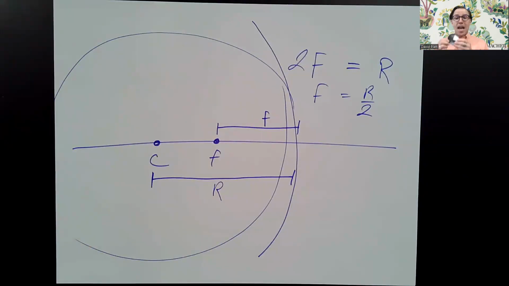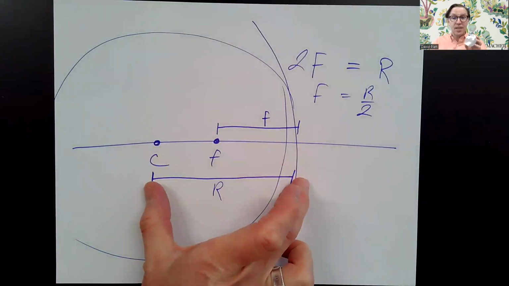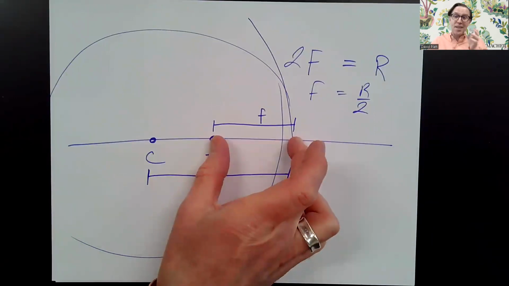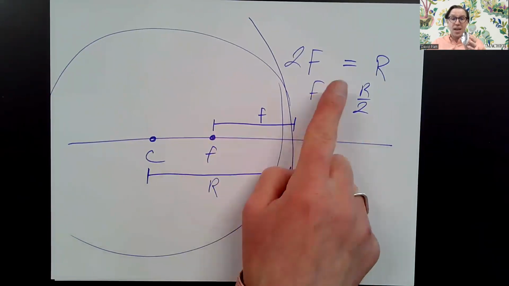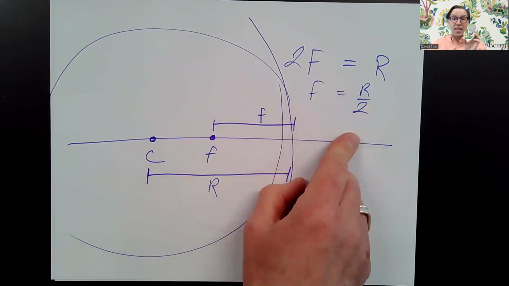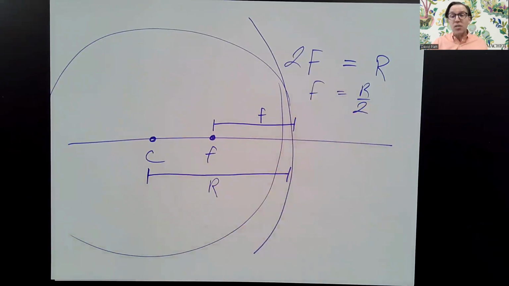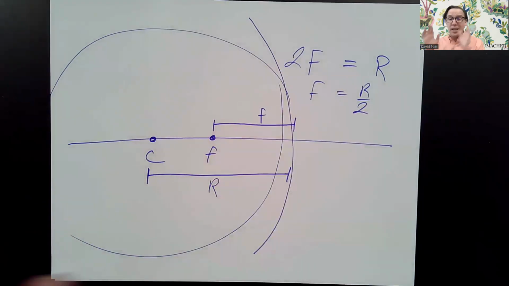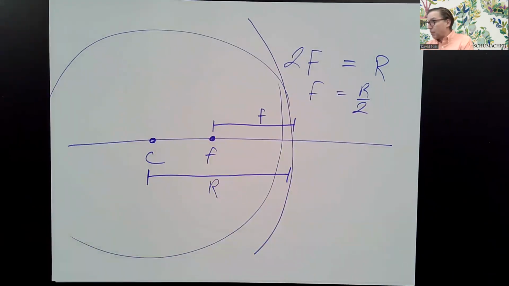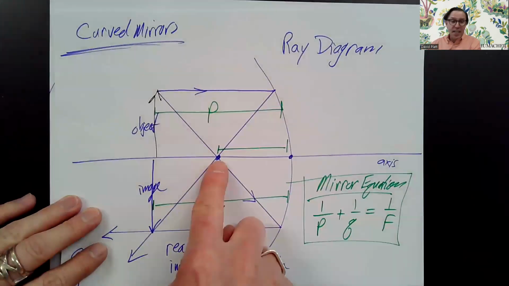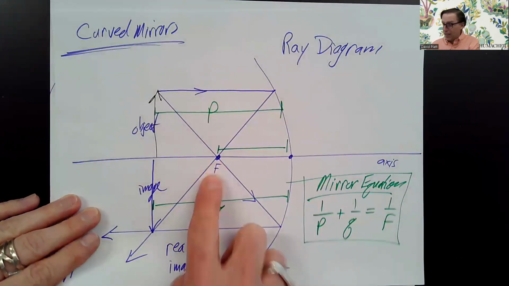And so we often have a mirror that is shaped like a sphere. And then we know its radius. And then we're going to divide that radius by 2 and say, well, it's practically a parabola with focal length half the radius. Now, a spherical mirror is not going to work nearly as well as a parabolic mirror. Parabolic mirrors have this beautiful focus. They reflect everything just perfectly like this.